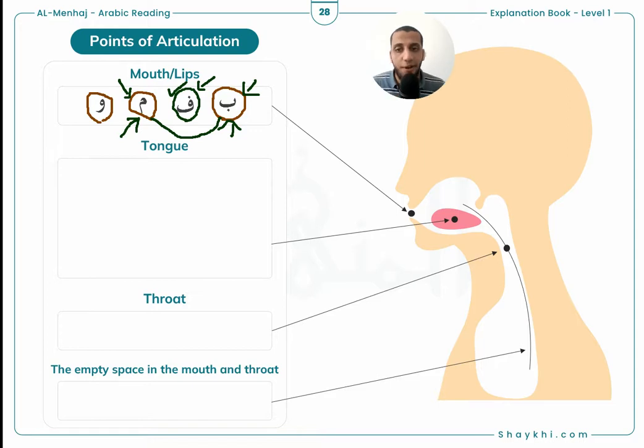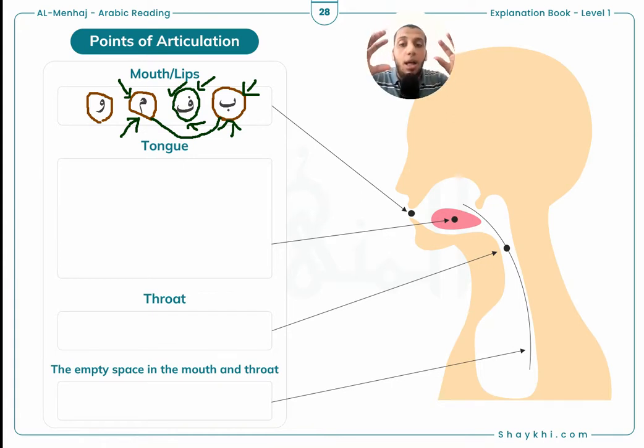So now we have finished the letter ba and the letter mim, which are both pronounced by closing and pressing the two lips together. And we finished the letter fa, which uses just the inner bottom lip with the edge of the upper two front incisors.